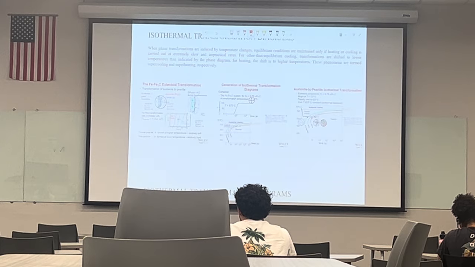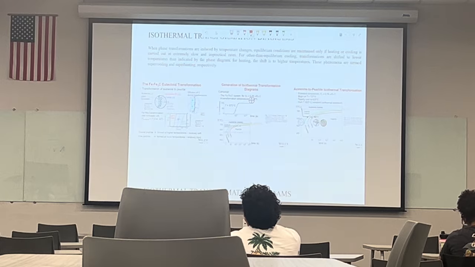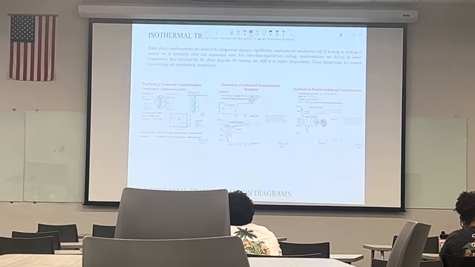Well, the phase diagrams we have seen in the previous chapter are only valid when we have equilibrium. It means the rate of cooling or heating is very, very slow, which is basically not very practical. So in reality, the rate of cooling might be pretty fast, actually.